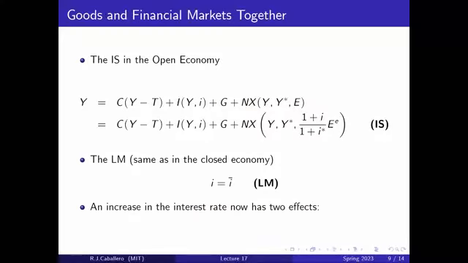Now we have a second channel, which is this one. When the interest rate goes up, it's contractionary for two reasons. One, for the reason we had before, which is that investment falls. But there is a second reason. What is that second reason?